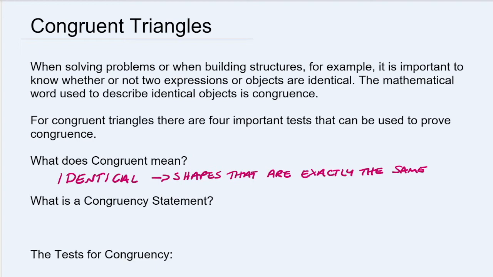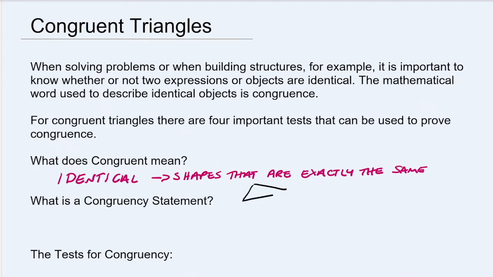Now, what is a congruency statement? Well, a congruency statement is essentially what we write to say that things are congruent. So it's the answer to are these two shapes congruent? For triangles, say we had a triangle ABC. Let's whip up some triangles here.